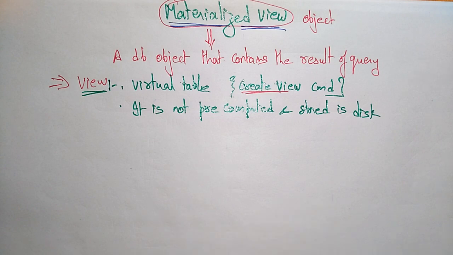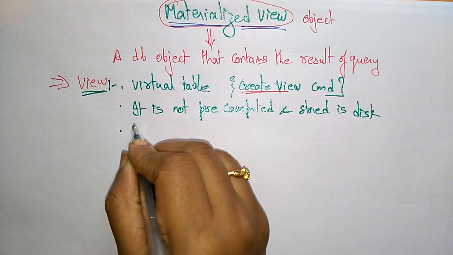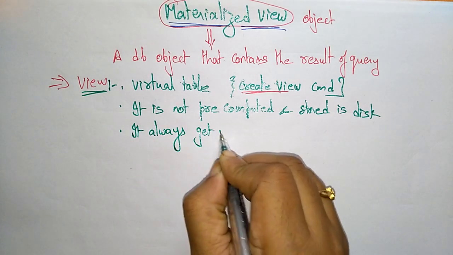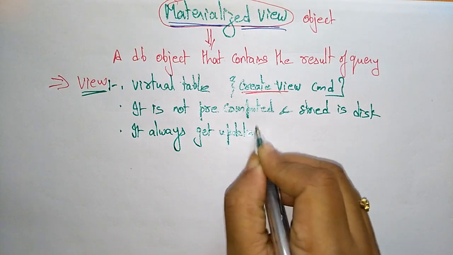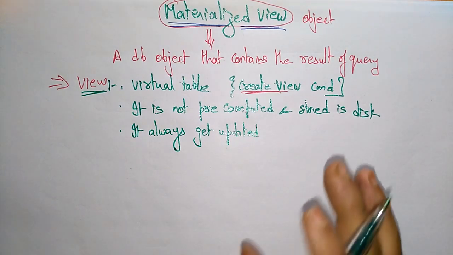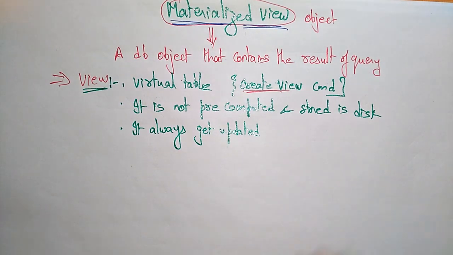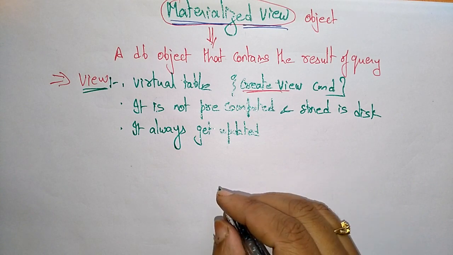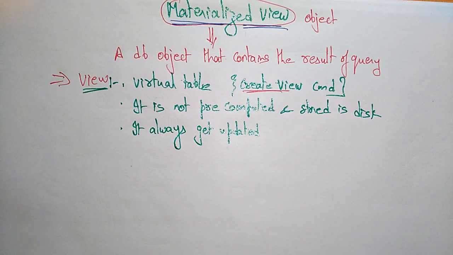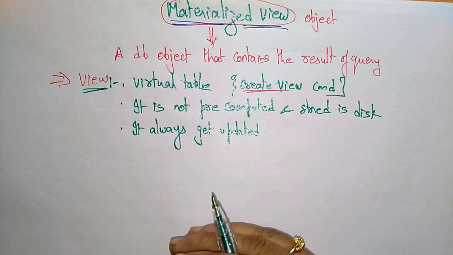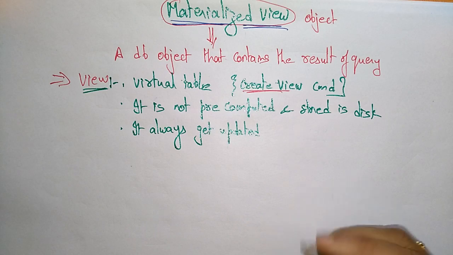So it always gets updated automatically. But only for some queries. It cannot be automatically updated in some cases, like if you use clauses like the distinct clause, group by clause, check constraints. In these cases the view cannot be updated.